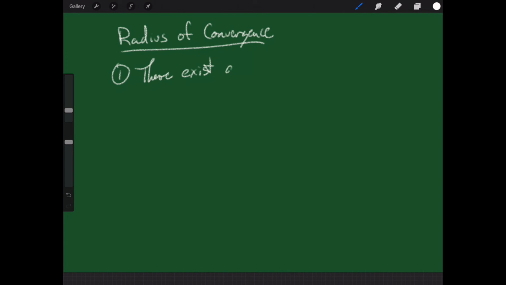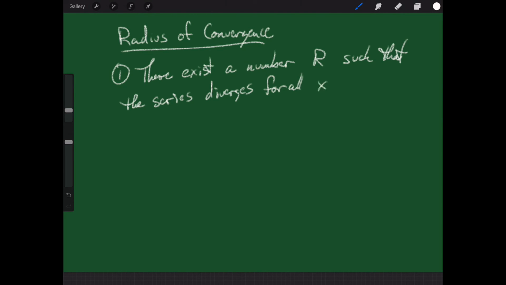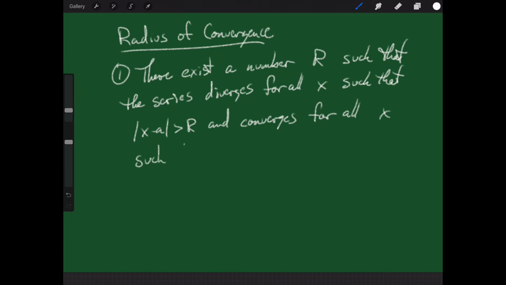there exists a number, we'll call it capital R, such that the series diverges for all x such that the absolute value of x minus a is greater than R, and it converges for all x such that the absolute value of x minus a is less than R. Okay.